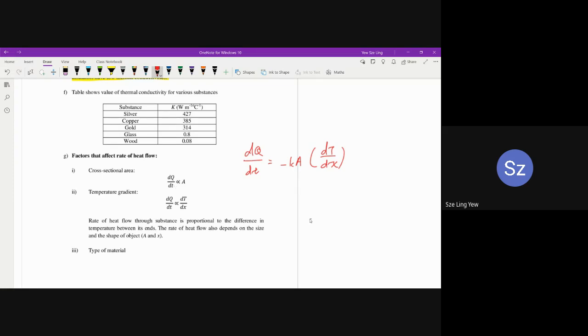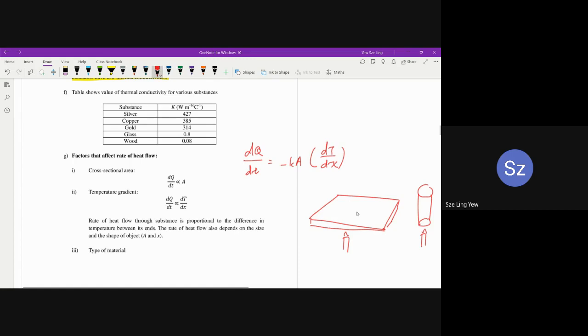Let's say you have a rectangular shape object, and a rod, and then you heat up the objects. Assuming all the other quantities have the same value, which one will have a greater rate?